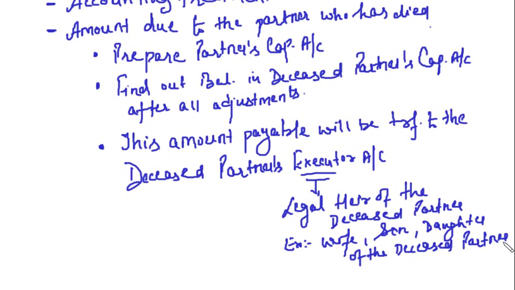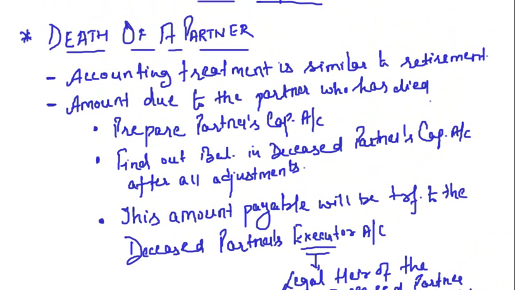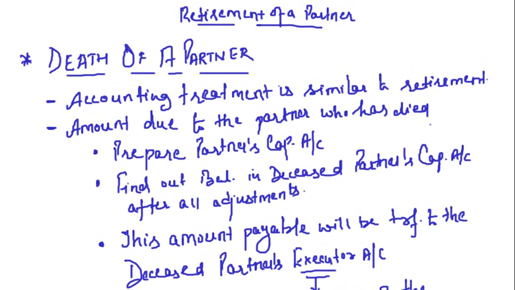Clear, friends? So one thing is clear: in case of death of a partner, the accounting treatment is absolutely similar to what we have done in retirement. You have to do the revaluation as you have done in retirement, because death is equivalent to retirement. You will do all the adjustments as in retirement.